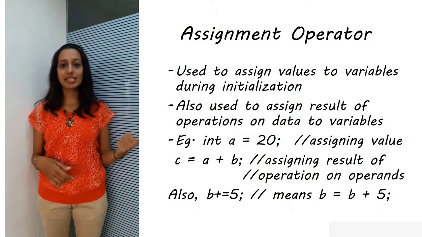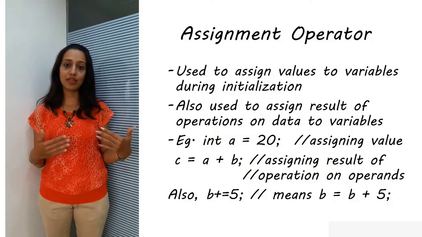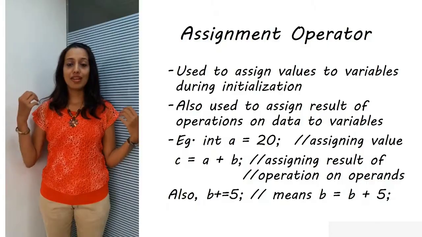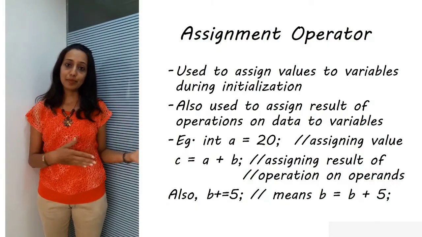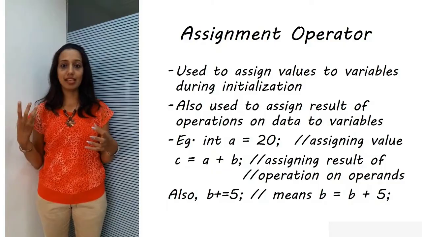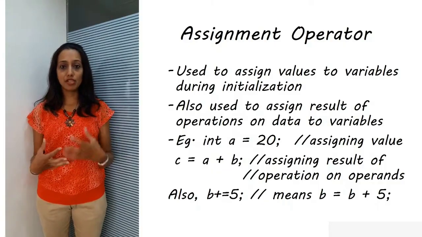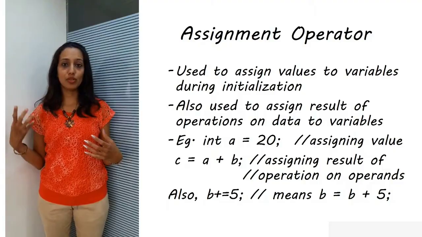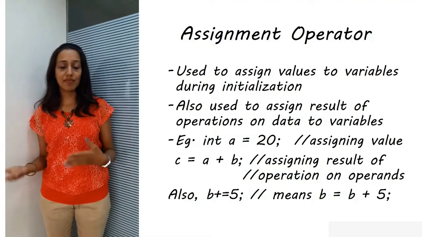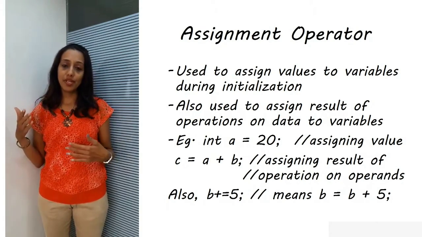So on screen you can see that we have assigned the value 20 to A when we are initializing the variable A. Likewise, we are assigning the value of A plus B to C, which is the assignment of a calculation, or you can say an operation, to the variable C. Or we can also use a combination operator like B plus equal to 5, which means B is equal to B plus 5, meaning it will increment the value of the B variable by 5.